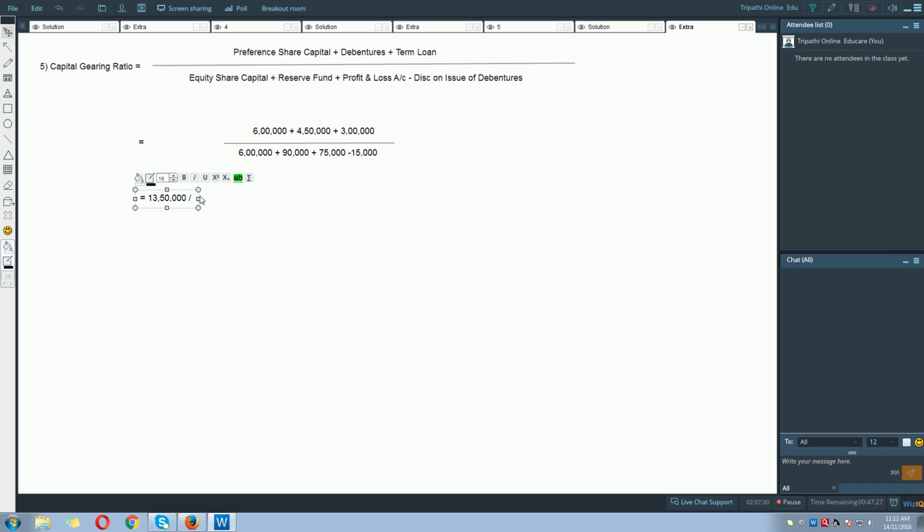So preferential capital is 6 lakhs. Debenture is 4,50,000. Term loan is 3 lakhs.